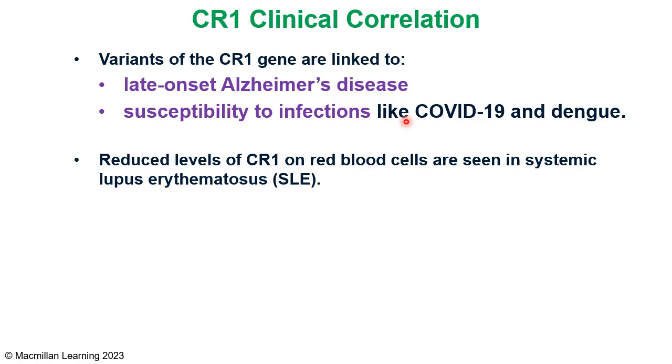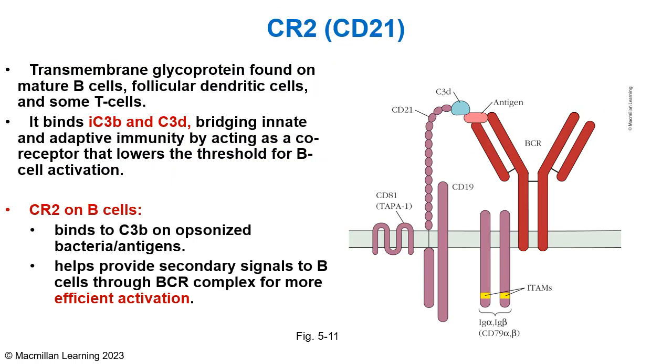Another thing is that even if you have a proper gene, but you have a lower level of protein expression instead of proper levels, that can make a person susceptible to developing lupus. You've heard of lupus, it's a type of autoimmune disease. So that's your clinical correlation.